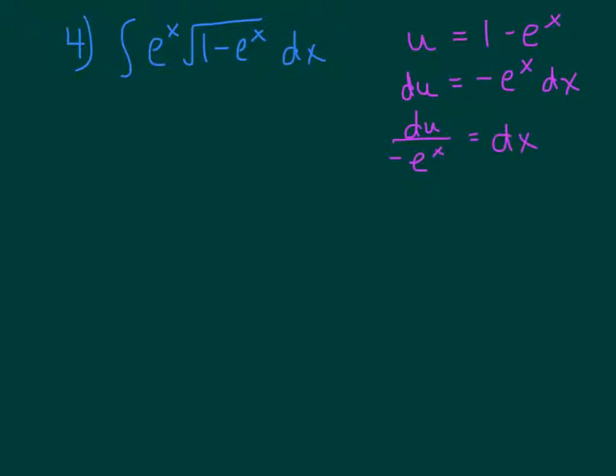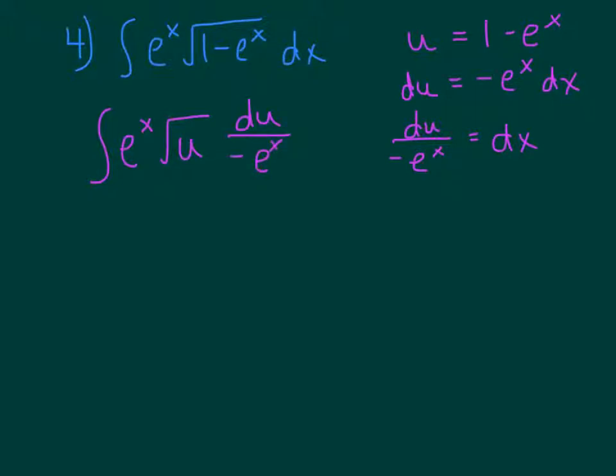All right, so now I'm ready to see if I substitute this in, if I can get it all in terms of u and cancel out my x terms. So I would have the integral of, okay, I can't do anything with this e to the x at first, so I'm going to leave that there. Then I would have the square root of u, and instead of dx, I would have du over the negative e to the x.